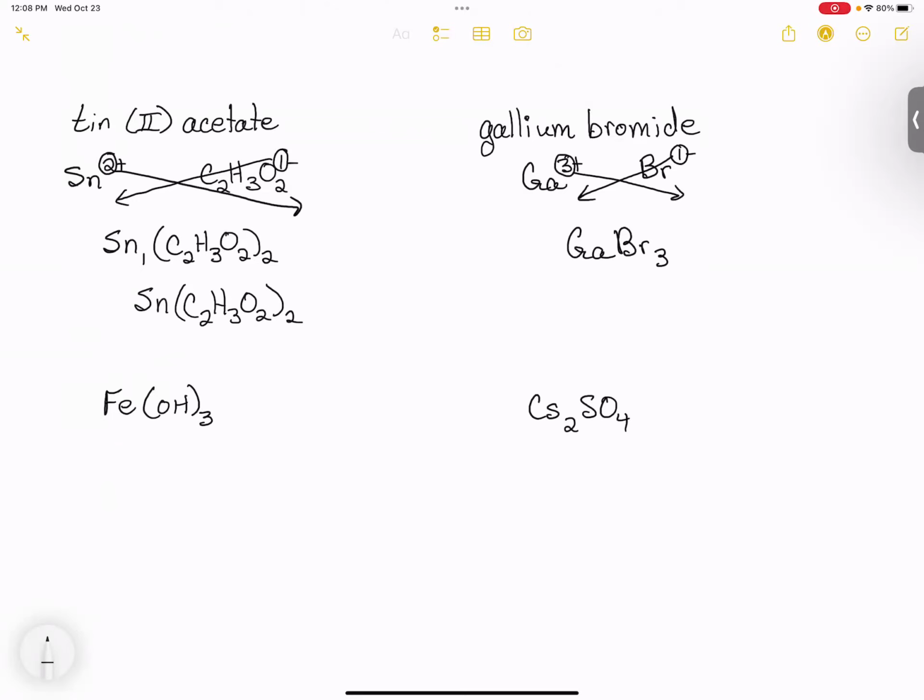Do I need a Roman numeral or do I not need a Roman numeral? Fe is element 26. Does it need a Roman numeral or does it not? It's going to need a Roman numeral. What about element number 55, cesium? Does it need a Roman numeral or does it not need a Roman numeral?